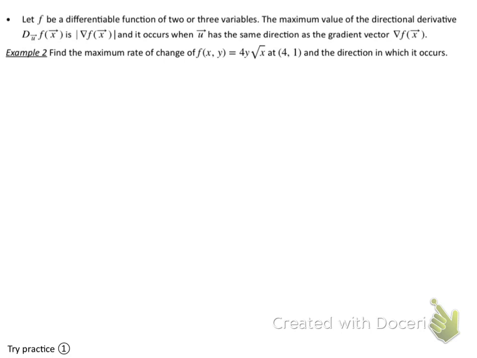So what it says is the direction in which your f changes the largest at this point is the gradient direction. If your vector goes along fx, fy, or for three variables fz, that is the largest possible direction in which the function is changing.